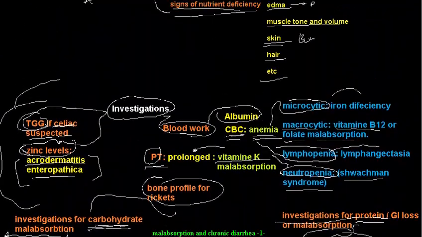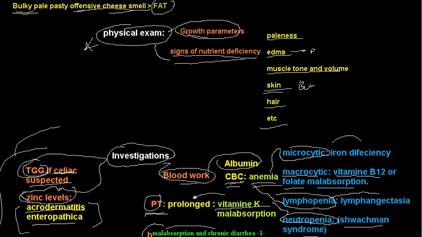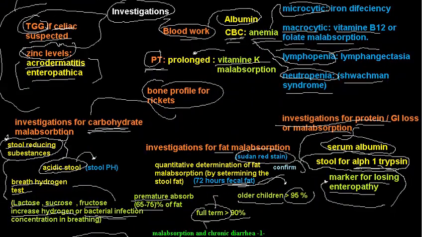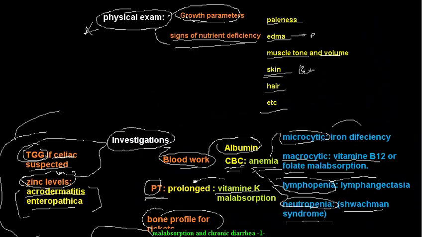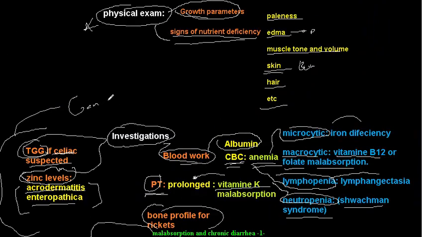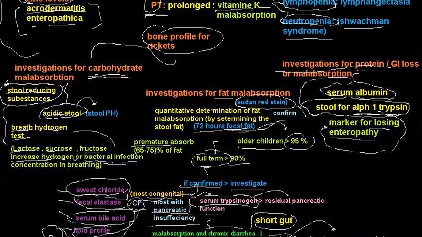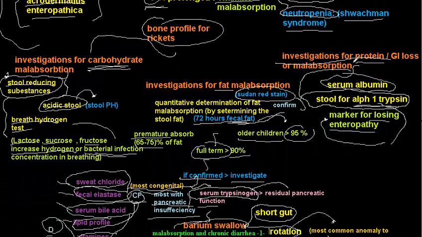So these are the investigations to be done in malabsorption. Don't forget them. I advise you to subdivide them into the general tests: CBC, PT for vitamin K, TTG for celiac, zinc levels, and bone profile for rickets. Then specific tests for carbohydrate, fat, or protein loss.